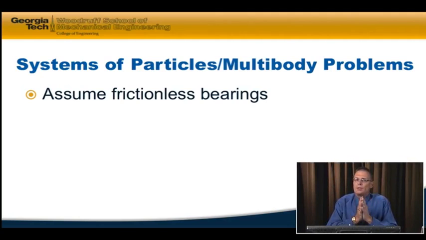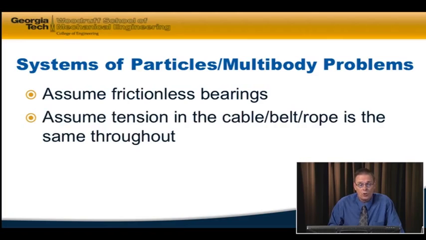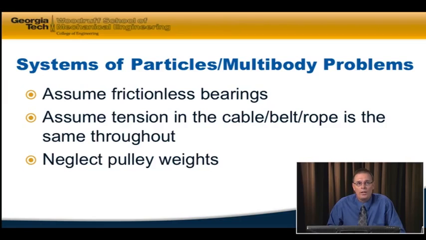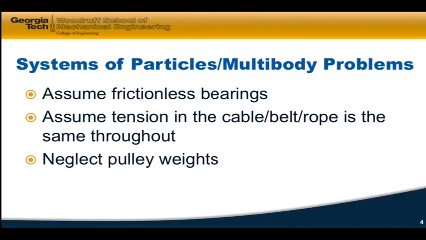If we find that these assumptions are not good and we need more accurate answers, we may need to go back and include some of these forces and things that we're neglecting. One of them is that we assume that there's frictionless bearings in these problems. We assume that there's a constant tension throughout the cable or the belt or the rope, and we neglect the pulley weights.